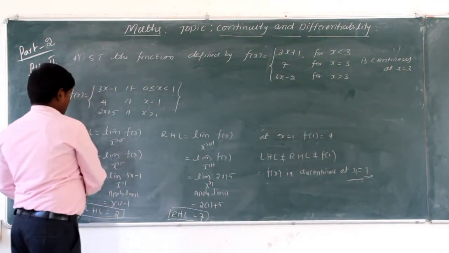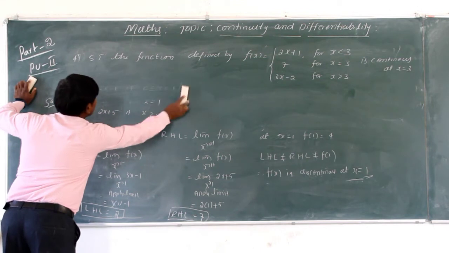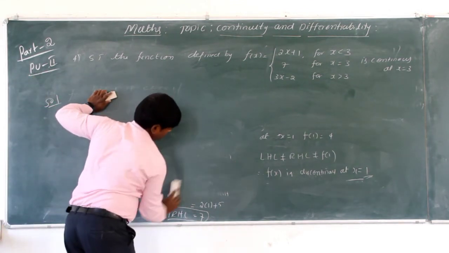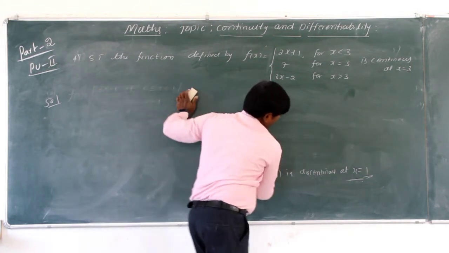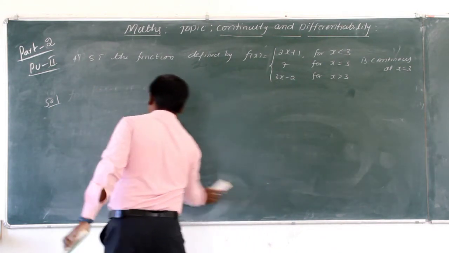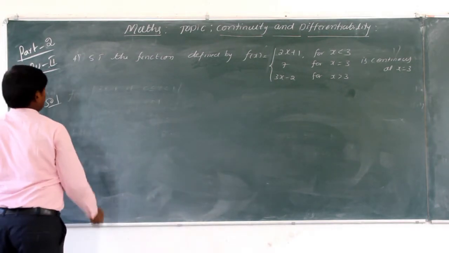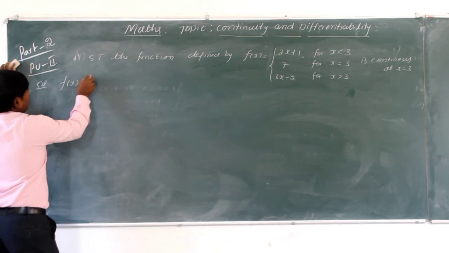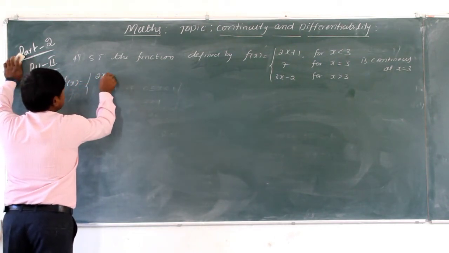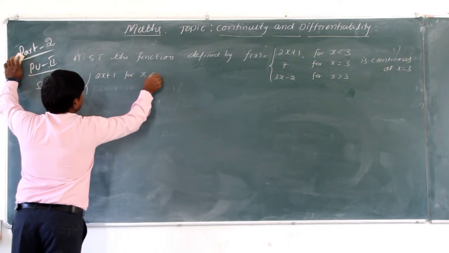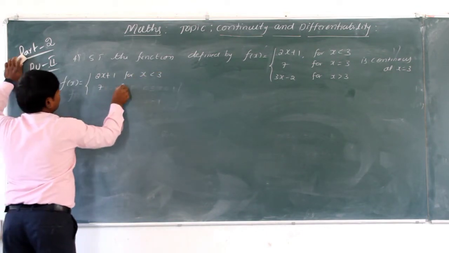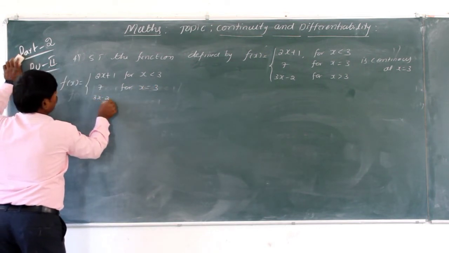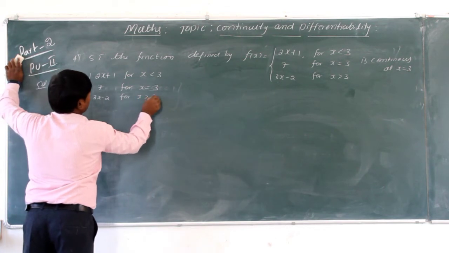Solution: the given function is f of x equal to 2x plus 1 for x less than 3, 7 for x equal to 3, and 3x minus 2 for x greater than 3.